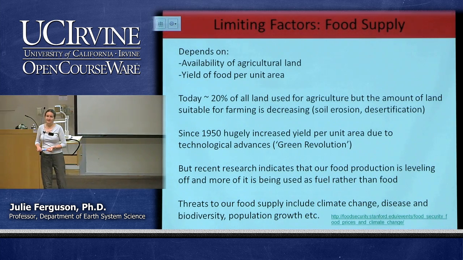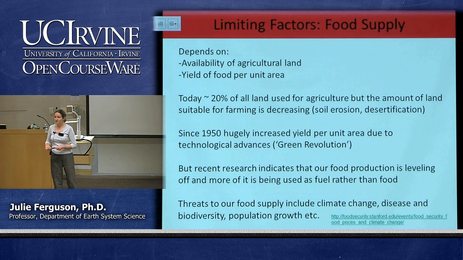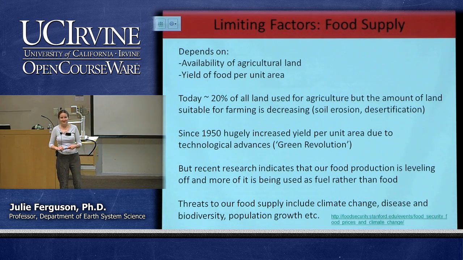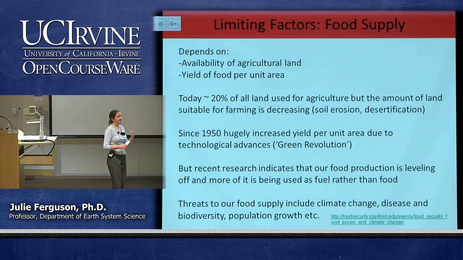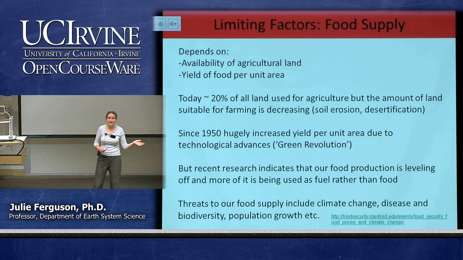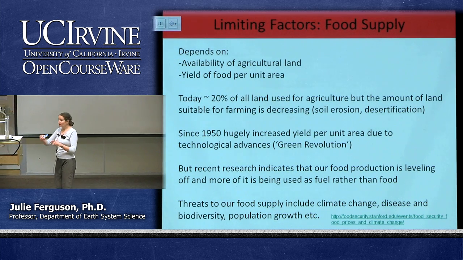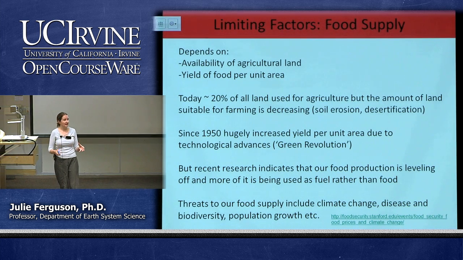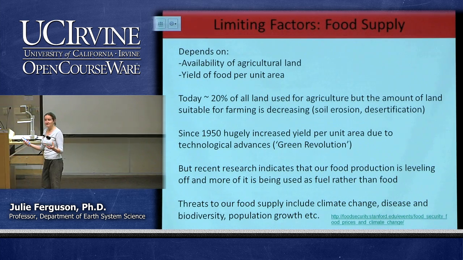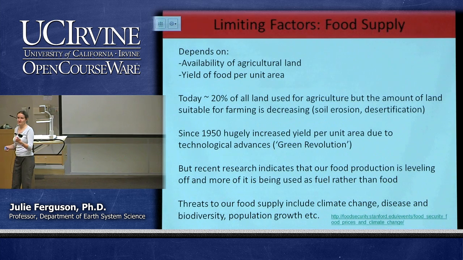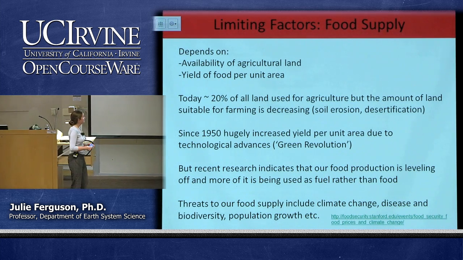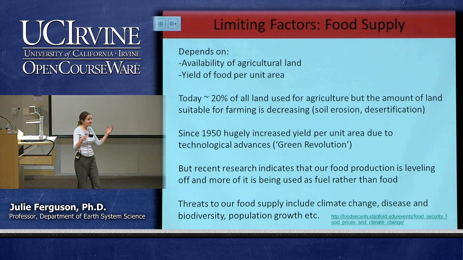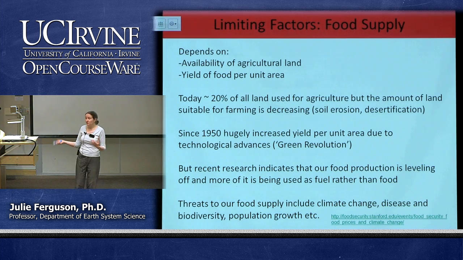And then the last thing is, have you heard of the Green Revolution? No? Okay. This is the idea that if you went back to, say, the 1940s, then we were producing a lot less food per area of land. We had amazing technological advances in things like pesticides or fertilizers or different crops that really allowed us to massively expand the amount of food that we could produce per unit area.